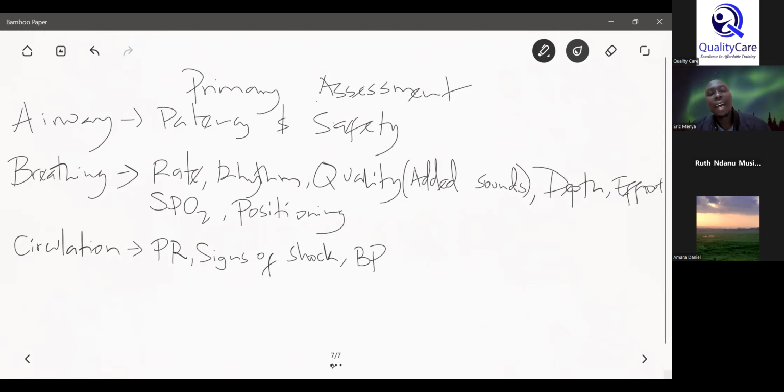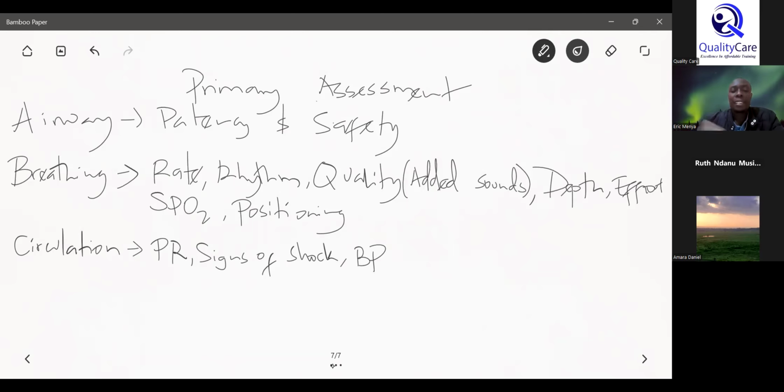Now, there's a formula for estimating the normal BP for someone aged 1 to 10 years. Did you come across it, Ruth? Okay.